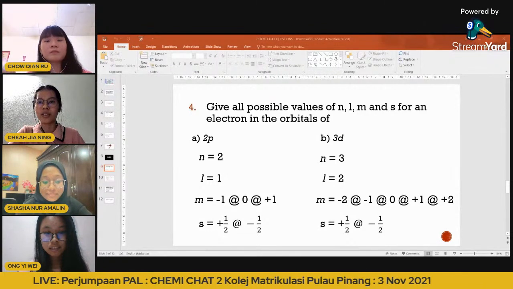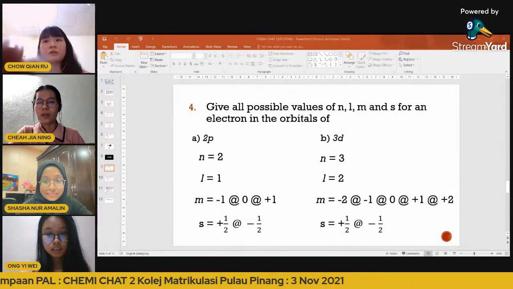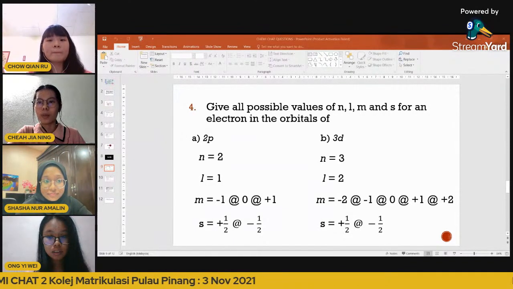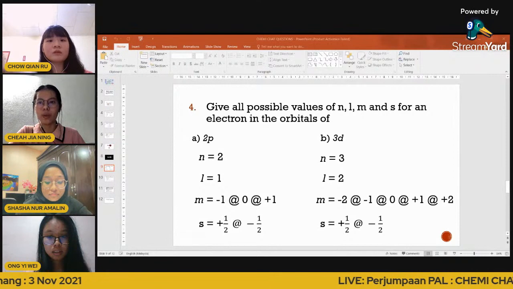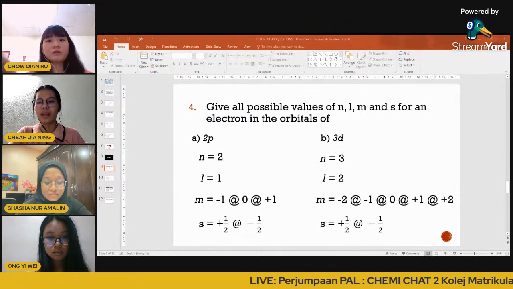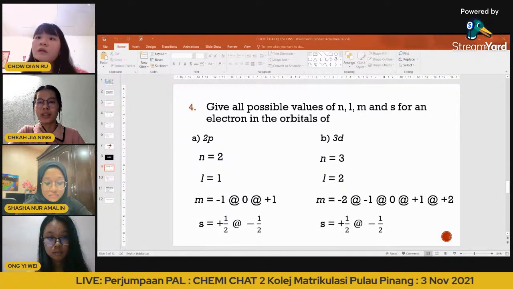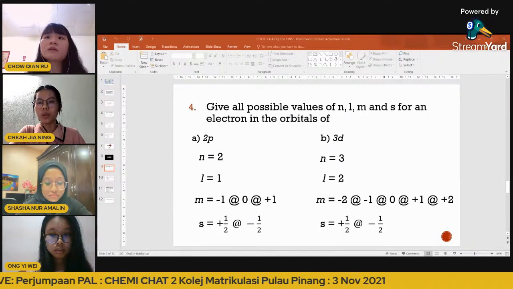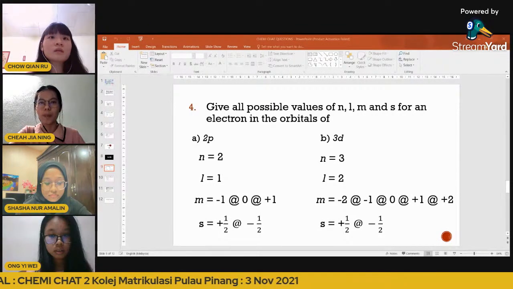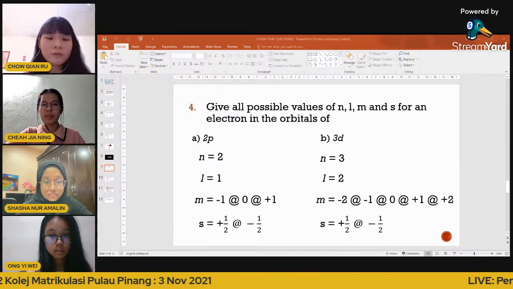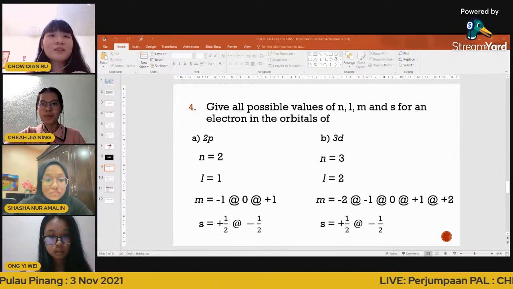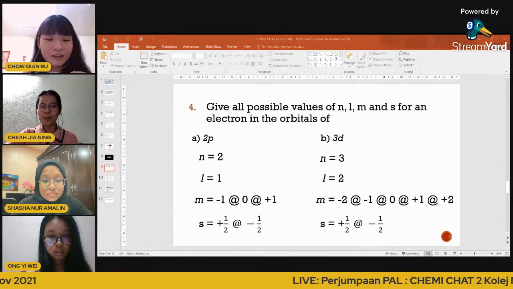Since l is 2, the value of m will be negative 2, negative 1, 0, positive 1 or positive 2. And s can only be positive 1/2 or negative 1/2. So I think that's all for me.